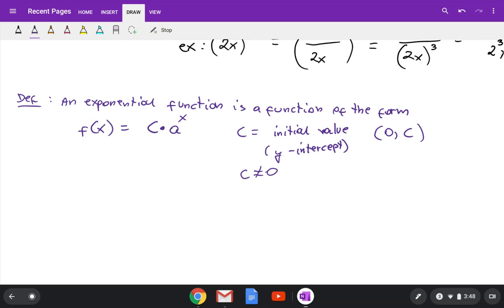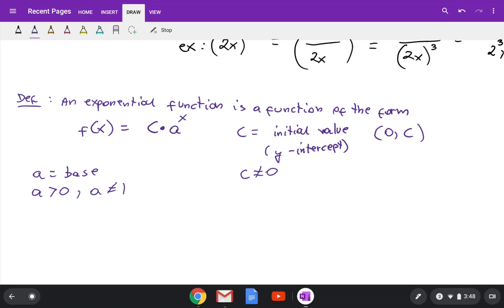Next, a we call the base of the exponential function. A couple of restrictions about the base: a has to be greater than 0, and a, the base, cannot be equal to 1. That's the information about the base.